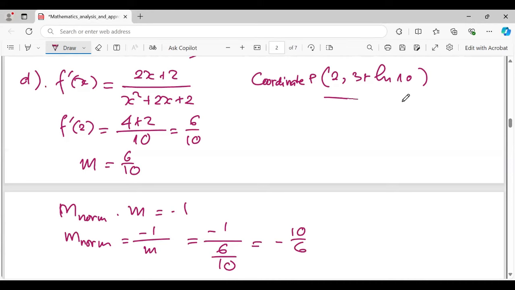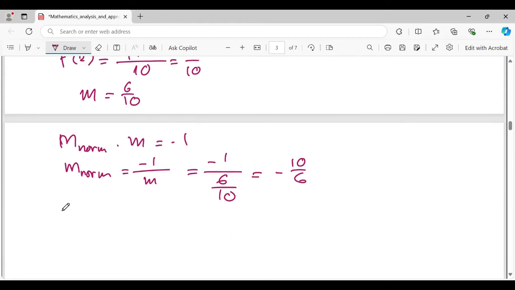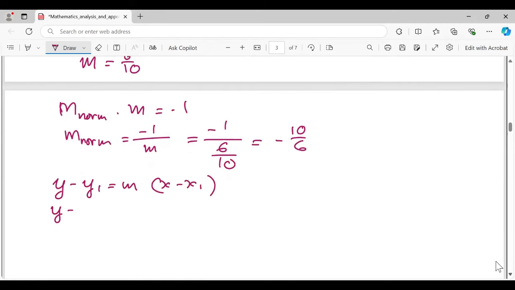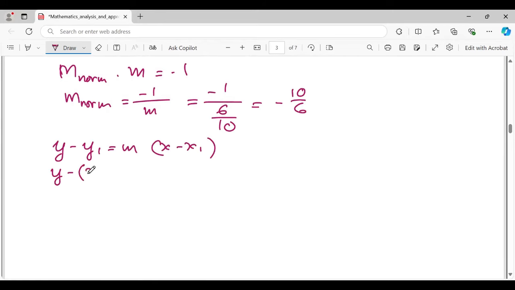Through (2, 3 plus ln 10). So based on this formula, y minus (3 plus ln 10) equals m times (x minus 2), where m is minus 10 over 6.